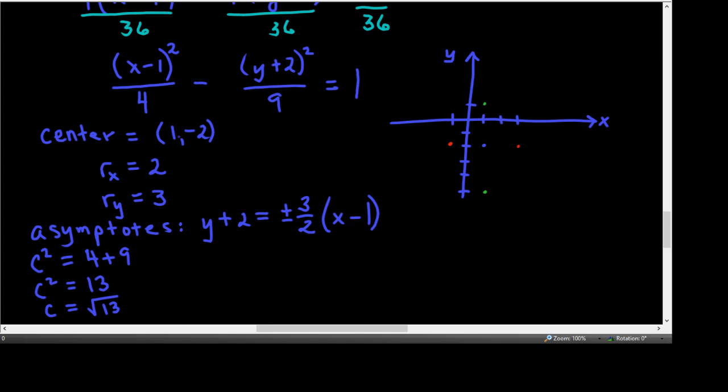Then we're going to draw the box that uses those points as the midpoints of the sides of the rectangle that we're drawing. Okay. Then draw the diagonals of this rectangle using a straight edge.